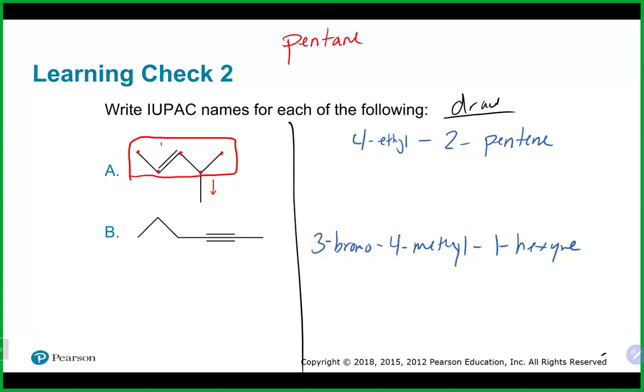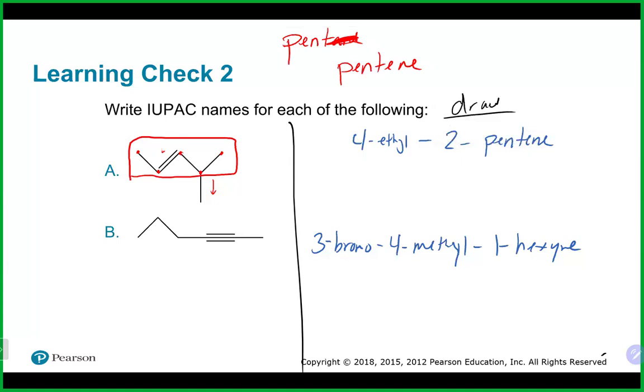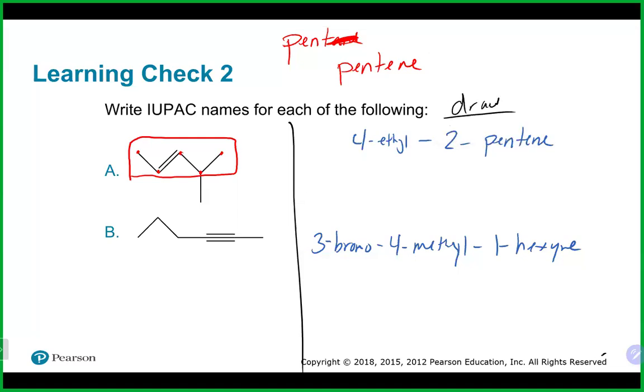Here we see our double bond, which means no longer -ane, now it's going to be pentene. We need to give the location of the double bond because it's more than 4 carbons, and we want to give it the smallest number. If we go left to right, we would go 1, 2, 3, 4, 5.